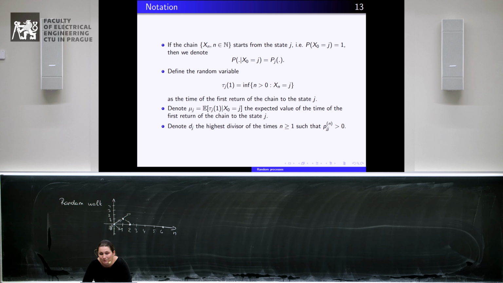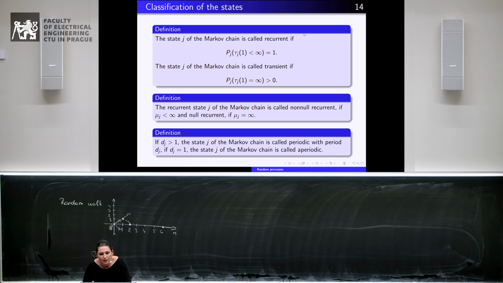There's no way to get to the value 1. And so in this case, we talk about periodical states. It is the last definition on the following slide. If there exists some difference between steps, larger than 1, in which the process can return to the state, we talk about periodical states.